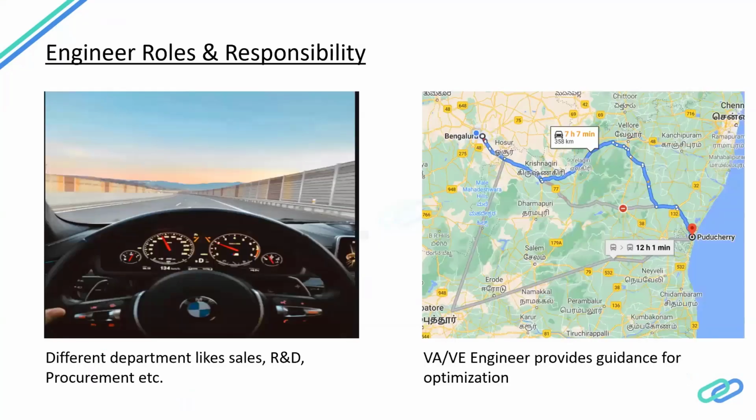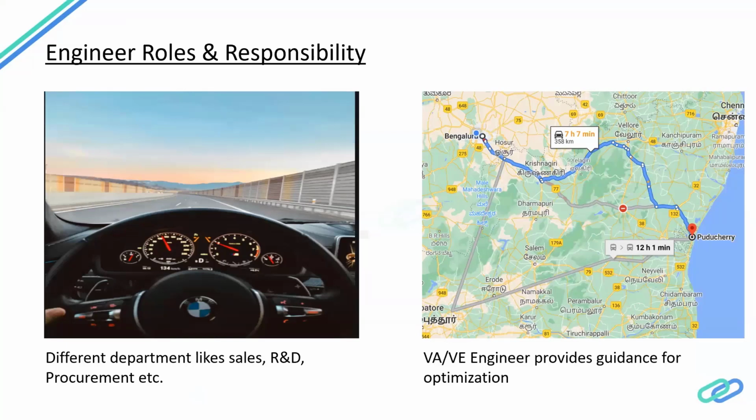So, engineer roles and responsibility. What I wanted to tell is what the VAV engineer's responsibility is here. I have chosen a car view, a steering view I can say. Where all the departments sit at the steering, like sales, R&D, procurement are in the steering seat. However, a VAV engineer is navigating. For a product, he can tell which process to go with and which supplier to go with at the cheapest level.